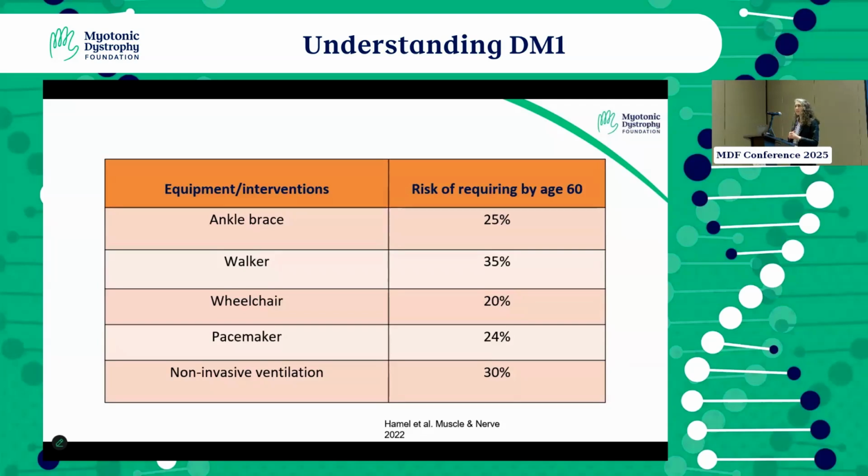So this was using the age 60 as a benchmark for that. And as far as equipment like an ankle brace, 25% of people were using those by age 60, a walker, 35%, and a wheelchair, 20%. For getting a pacemaker implanted, 24% of people had that by age 60, and 30% of people were using non-invasive ventilation.